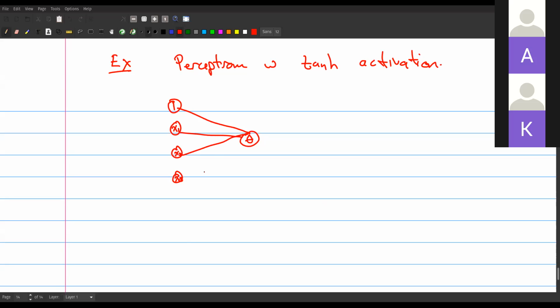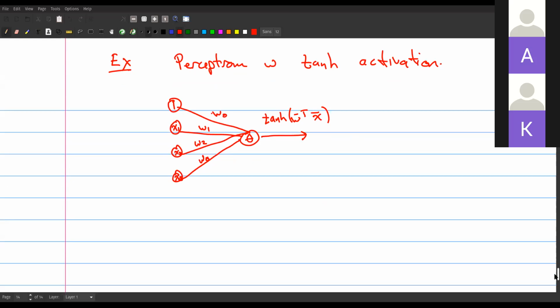And you have these weights, W0, W1, W2, W3. And here's the output, which is hyperbolic tangent of the dot product of W and X.